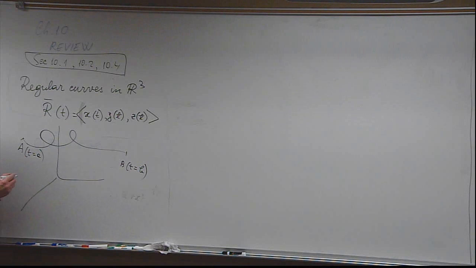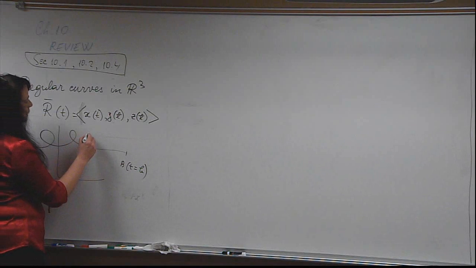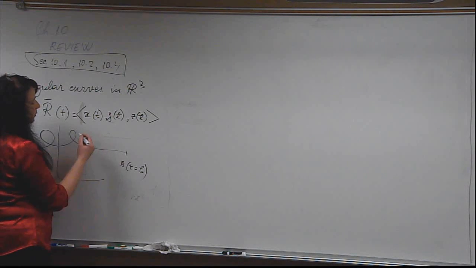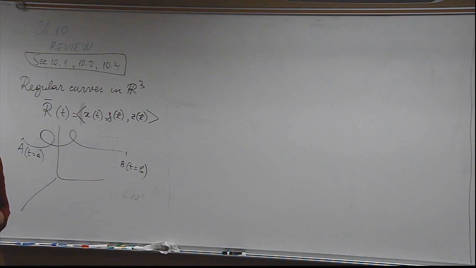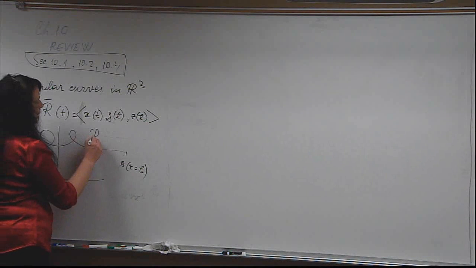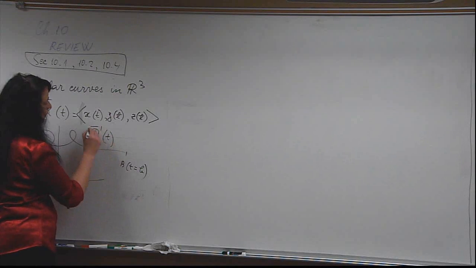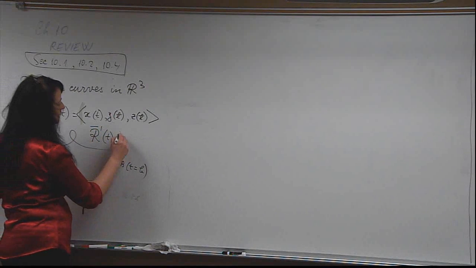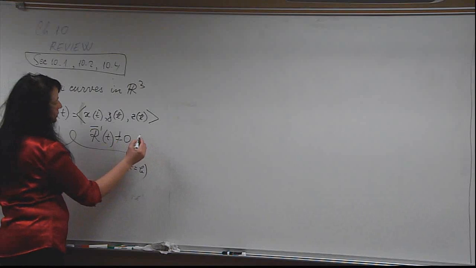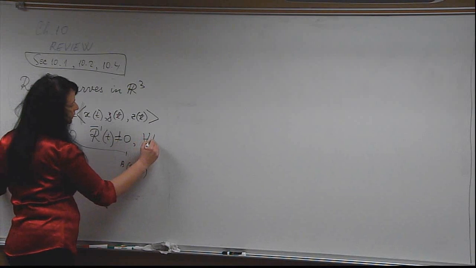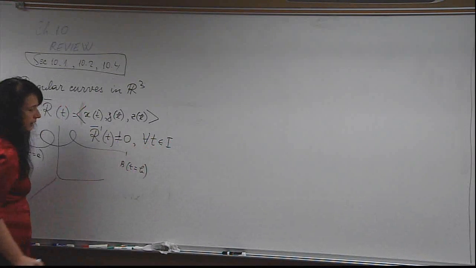What have we learned? We've learned that a regular curve means practically it's differentiable and the derivative is continuous. It's a C1 function, and what else? The derivative of the position vector, called velocity, never vanishes. So it's different from 0 for every t in the interval that you take.